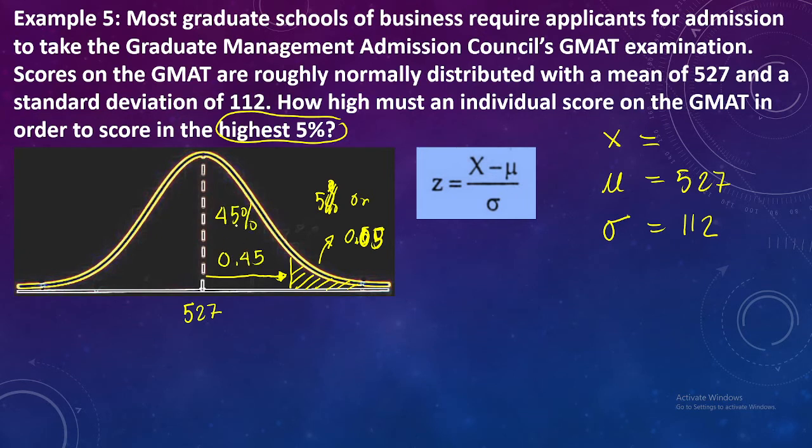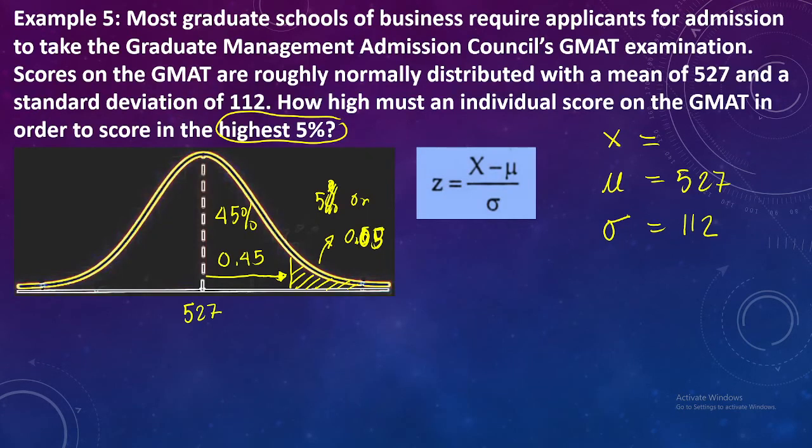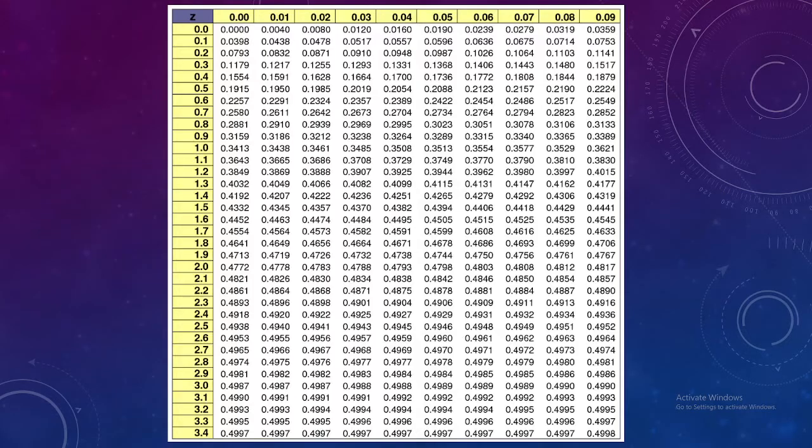We were able to come up with this because I subtracted 5 from 50, or 0.5 minus 0.05 is 0.45. So this 0.45, we will locate in the table. 0.45 is here.